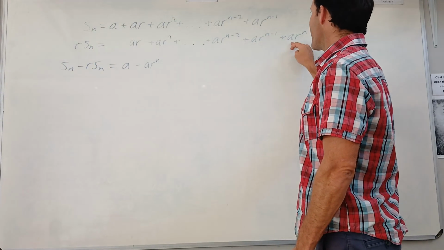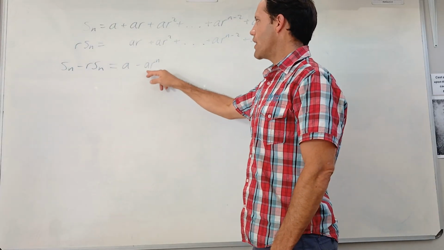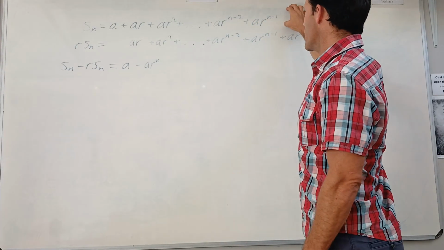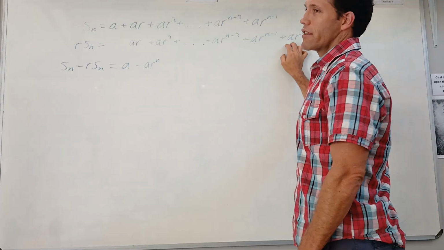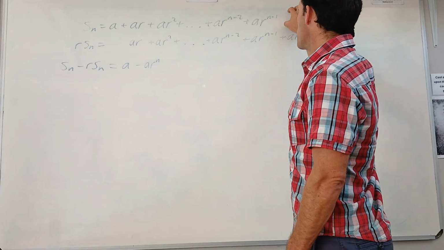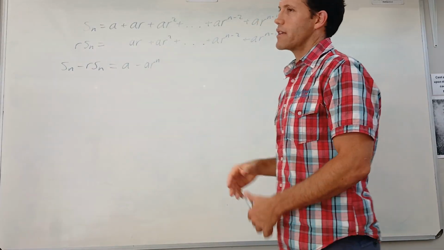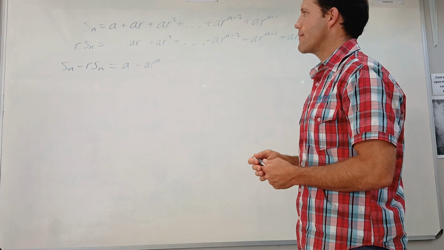And then this one minus ar to the power n. It's just minus ar to the power n, because I've got nothing here, but then I'm subtracting this one. So it's 0 at the top, minus ar to the power n. So I just write minus ar to the power n. That's all that's left.